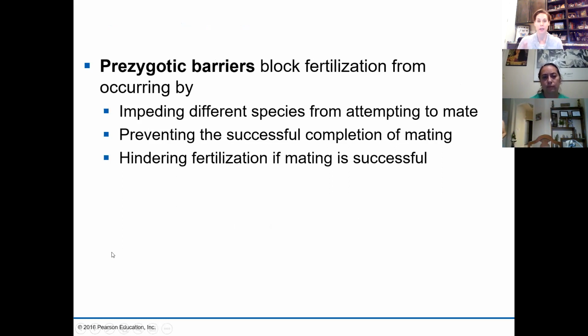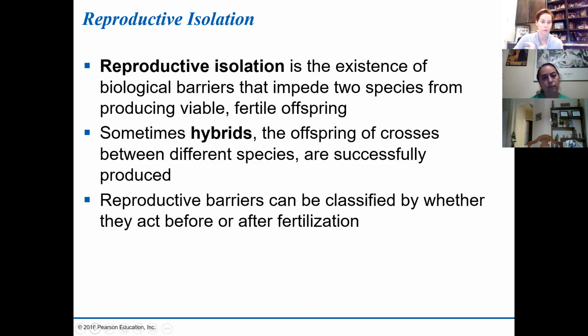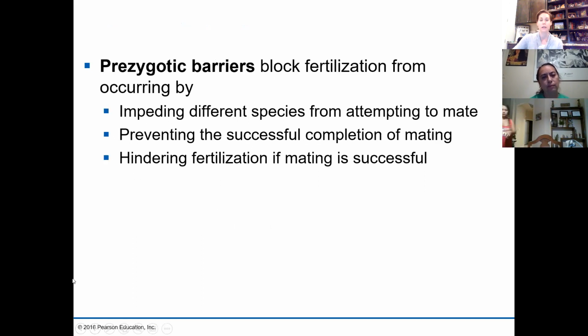So, prezygotic barriers to speciation. A zygote is when egg and sperm fuse and become one cell, right? So prezygotic means they're not even able to mate. It's before mating occurs, so there's a block in fertilization.